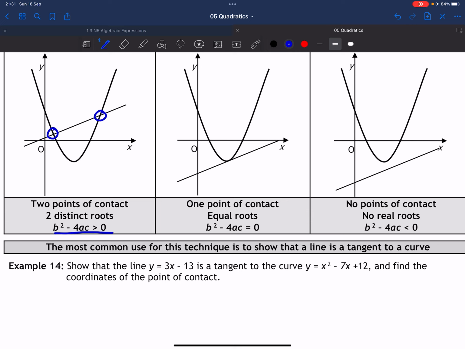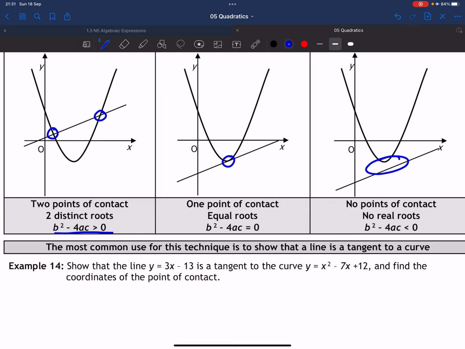When I've got tangency occurring, i.e. when a line cuts through a parabola only at one place, then our discriminant b squared minus 4ac is equal to 0. And whenever there is no intersection between the parabola and the straight line, the discriminant is less than 0.